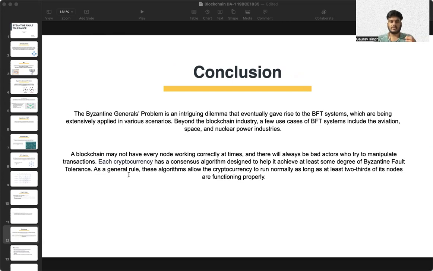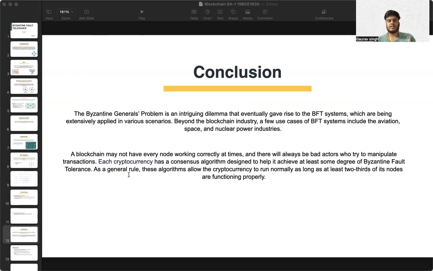As a general rule, these algorithms allow the cryptocurrency to run normally as long as two-thirds of its nodes are functioning properly. The Byzantine Generals' Problem is a very interesting dilemma. That eventually gives rise to BFT systems, which are being extensively applied in various scenarios.